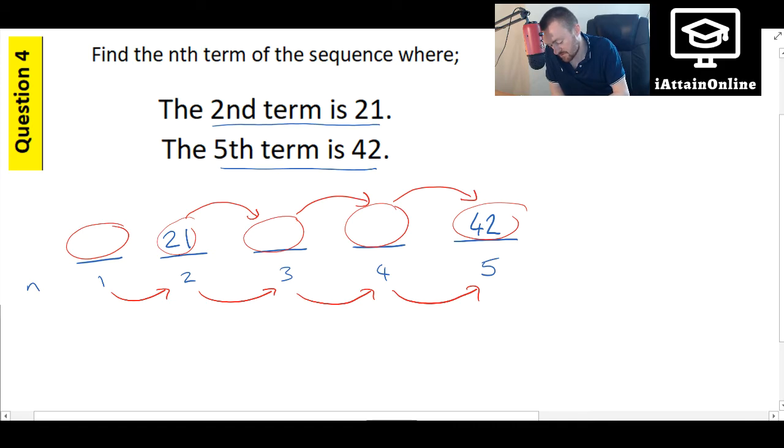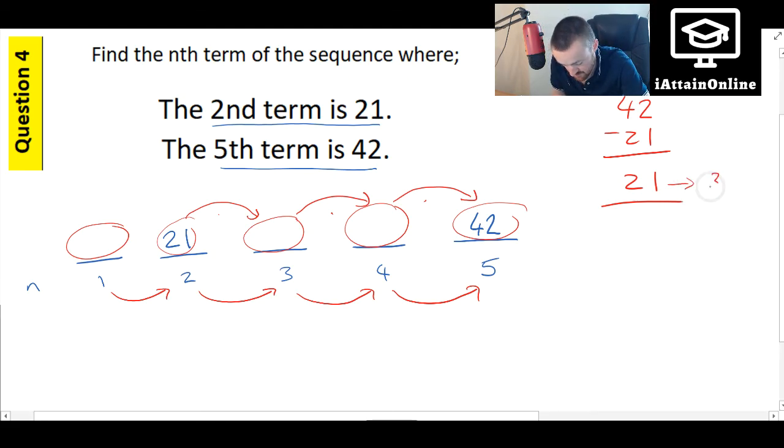So the difference between 21 and 42 represents 1, 2, 3 jumps. So if I did 42 take away 21, I get 21. That 21 represents 3 jumps. So to find out what one of the jumps is, I'm just going to divide this by 3.